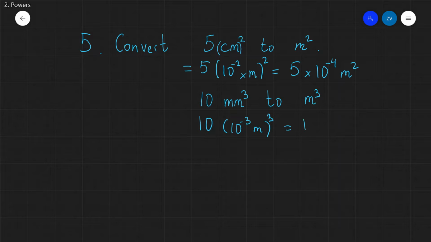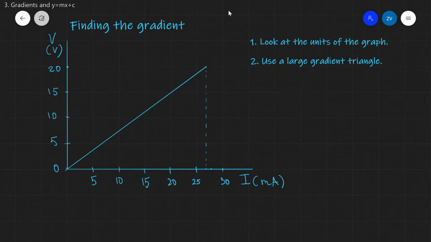So this will be equal to 10 times 10 to the power of minus 3 times 3, which will be 10 to the power of minus 9 meters cubed, like so. Which is of course equal to, let's leave that as 10 to the power of minus 8 meters cubed. Now on to the next skill that we need to revise, and that is linear analysis.